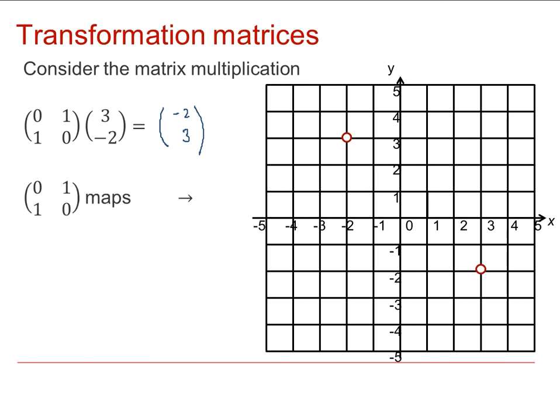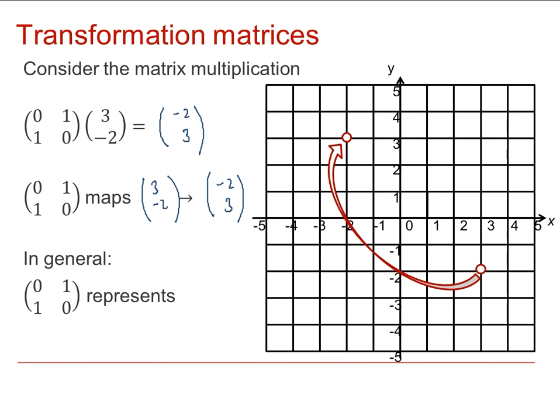So we say that the matrix maps (3, -2) onto (-2, 3). So in general we can see that the matrix represents a reflection in the line y equals x.